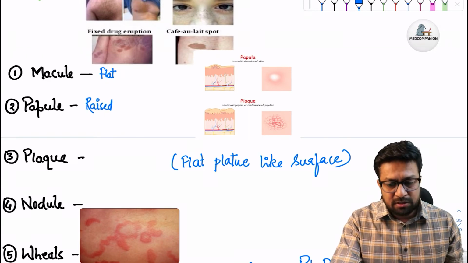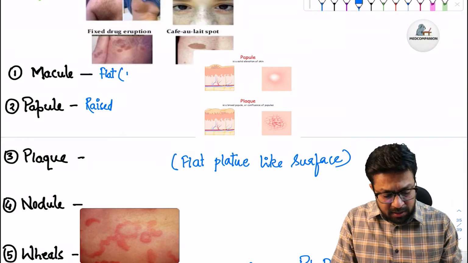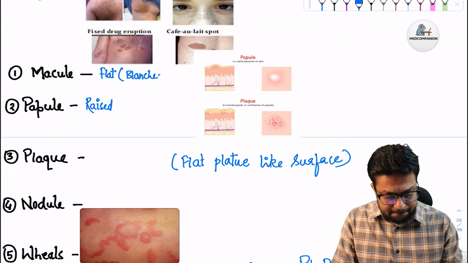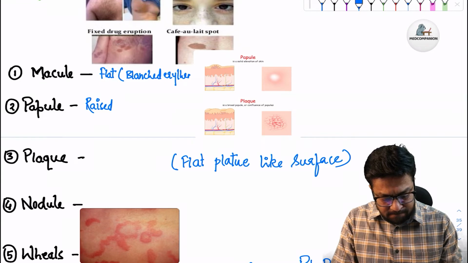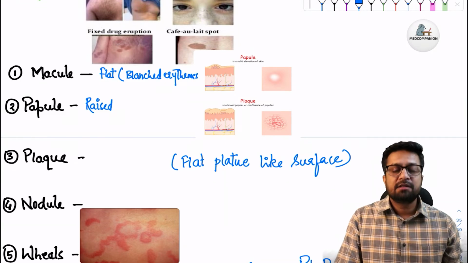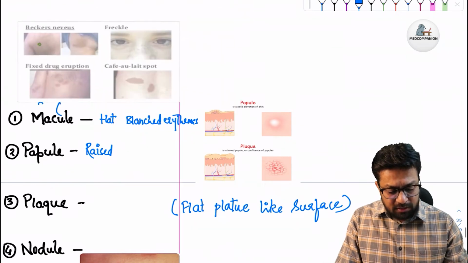Flat lesions are macules. Macules are nothing but changes in color. They are blanched erythemas, and these macules can be of different colors. They can be brown.